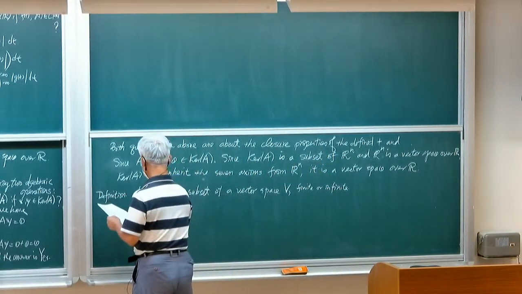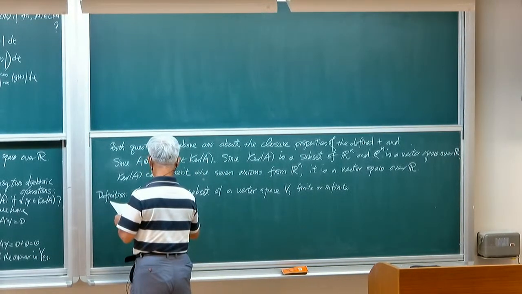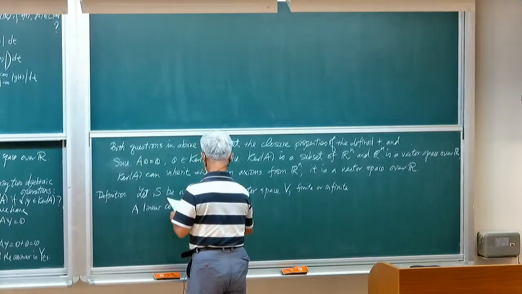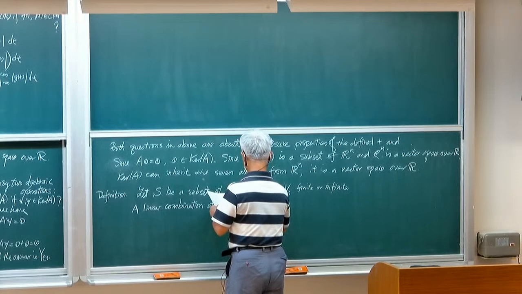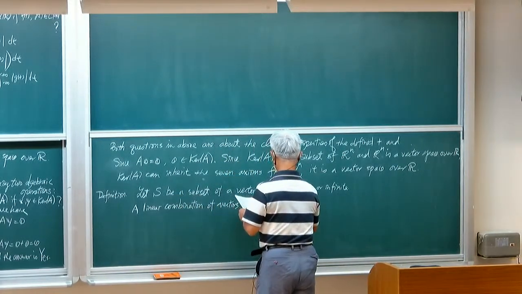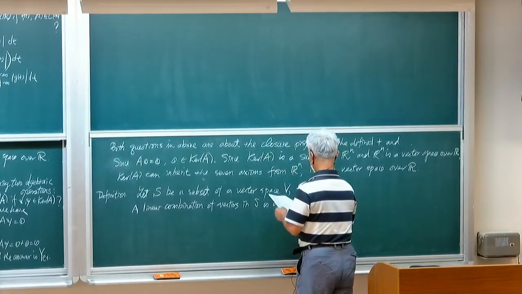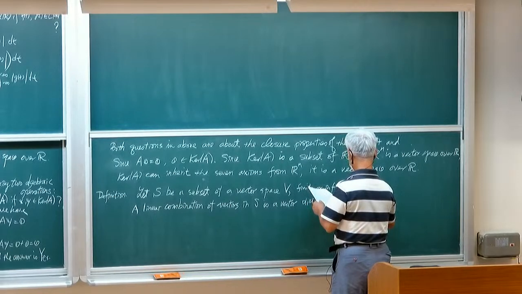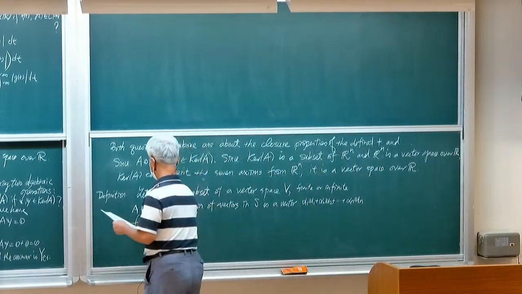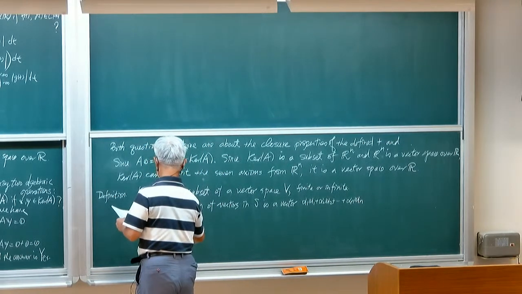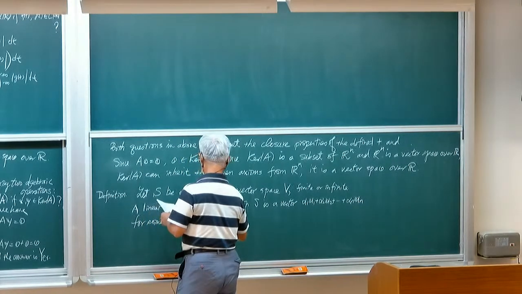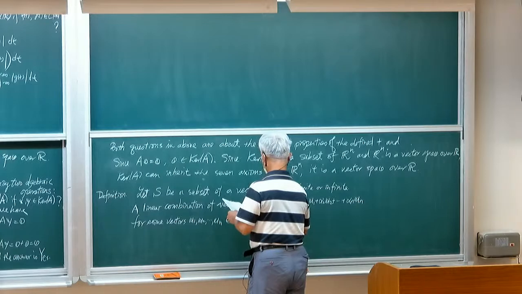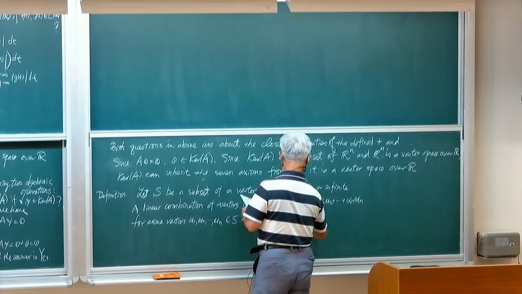And a linear combination of vectors in S, in the set X, is a vector alpha 1 U1 plus alpha 2 U2 plus ... plus alpha n Un, for some vectors U1, U2, up to Un in S and scalars alpha 1, alpha 2, up to alpha n.